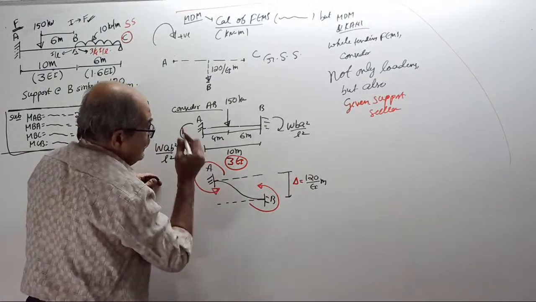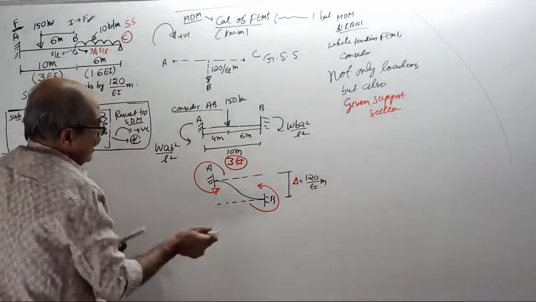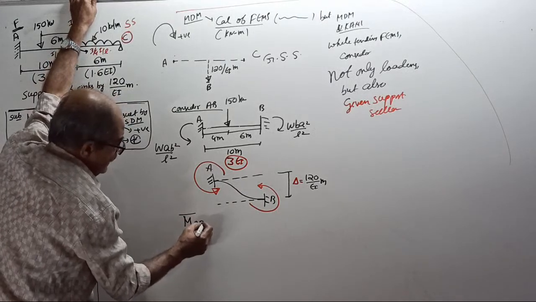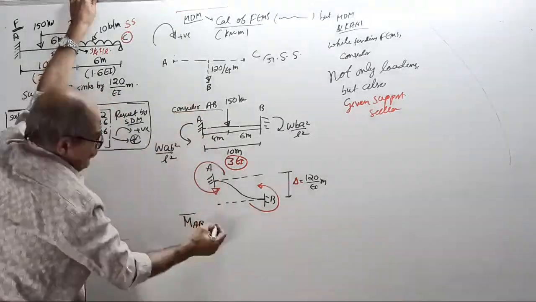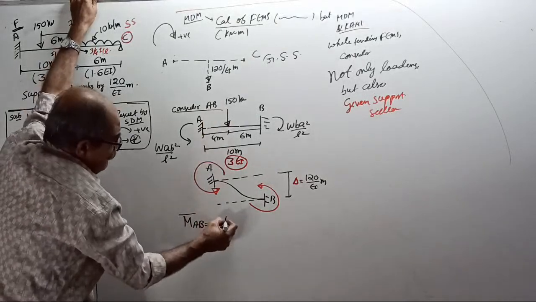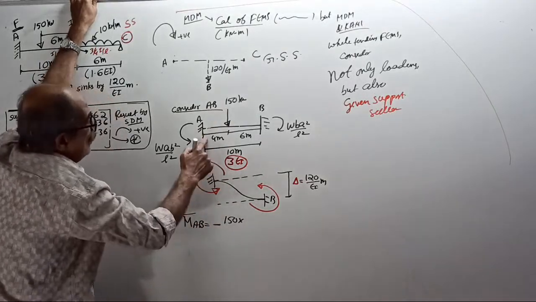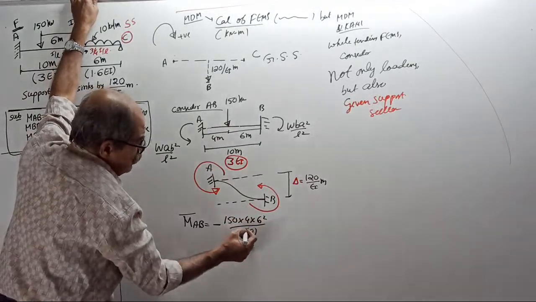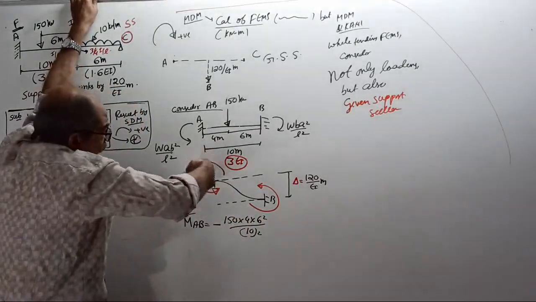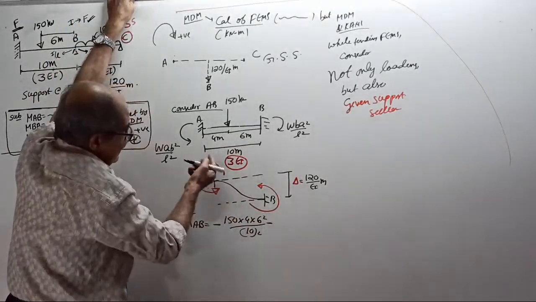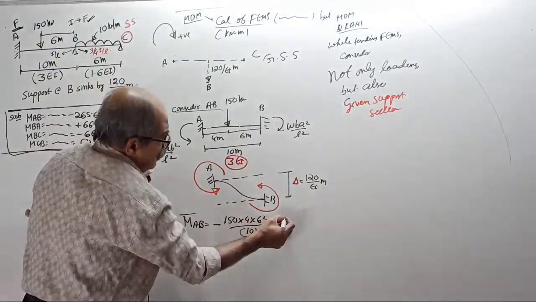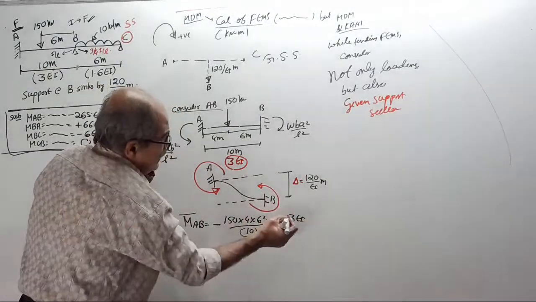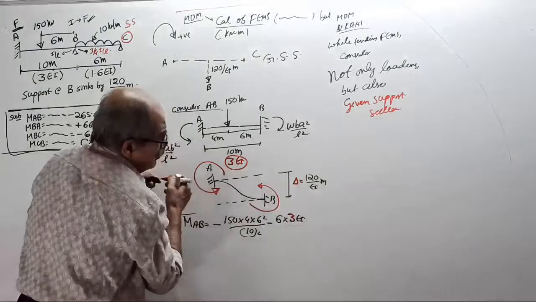Therefore, I will calculate M bar AB, considering both anti-clockwise: minus 150 into 4 into 6 square divided by 10 square, and also anti-clockwise minus 6 into 3 EI, very important, 3 EI into delta.